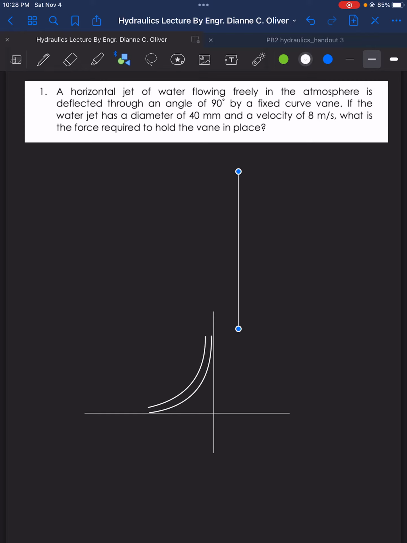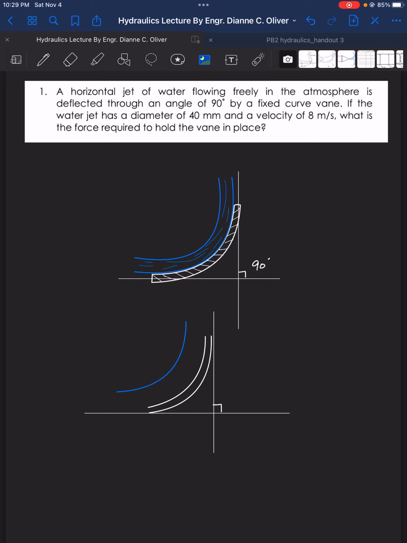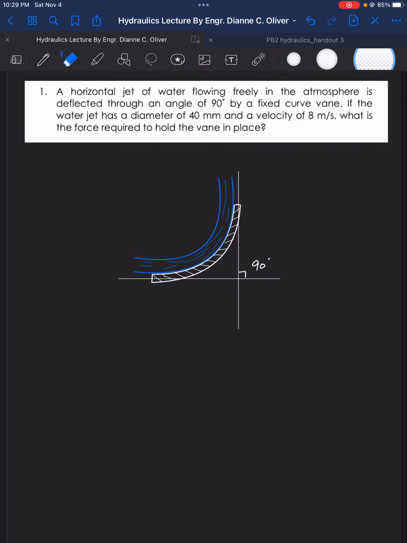That's why the water will also be deflected 90 degrees. So our drawing will be like that. So the water has been deflected 90 degrees.